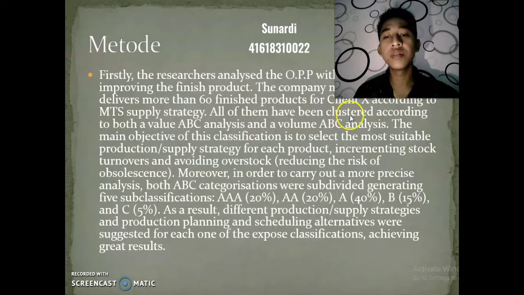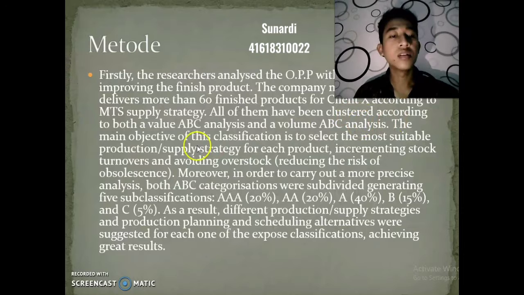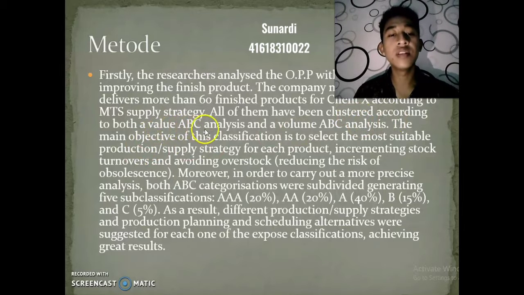All of them have been clustered according to both a value ABC analysis and a volume ABC analysis. The main objective of this classification is to select the most suitable production or supply strategy for each product.